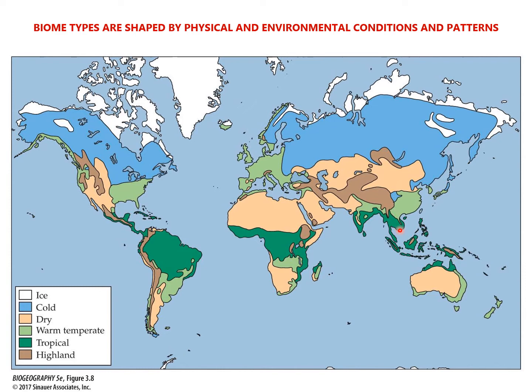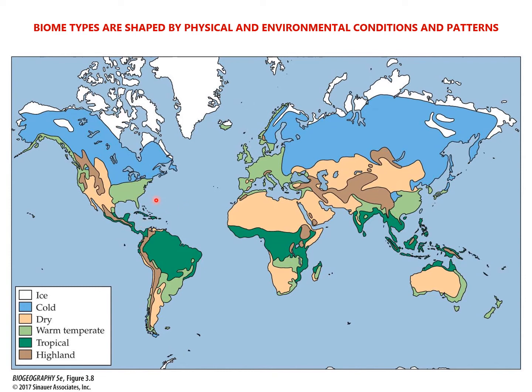And so ultimately, putting all this together, we can come to this conclusion: biome types, and a biome is just a large geographic grouping that takes into account the physical conditions, the plant life, and the types of species found there, a combination of all these things, are shaped by the physical environment and the environmental conditions and patterns. And some of them are along major geographic gradients.